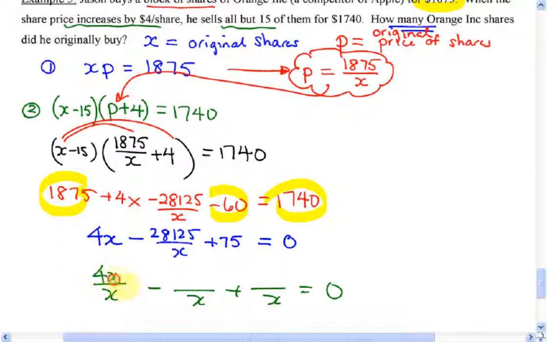So I guess it's 4X, 28,125, no change. I'm waiting for some of you to tell me. 4X squared, right? Because I'm missing a factor of X. And then 75 becomes just 75X. And of course, 0 is just 0.